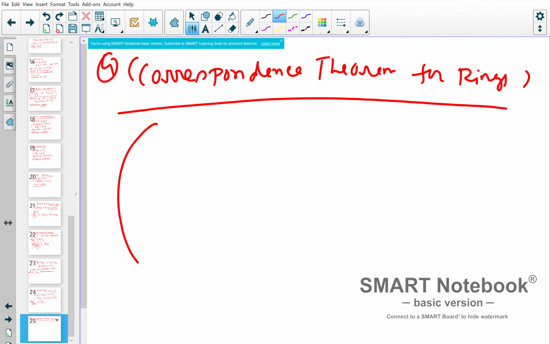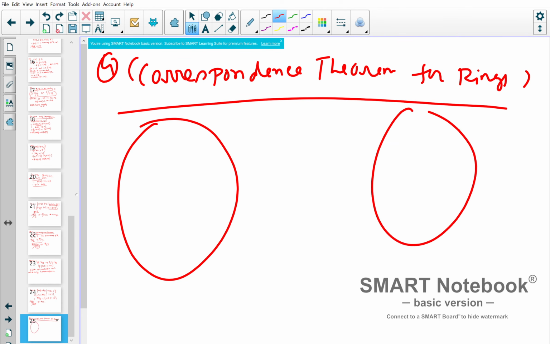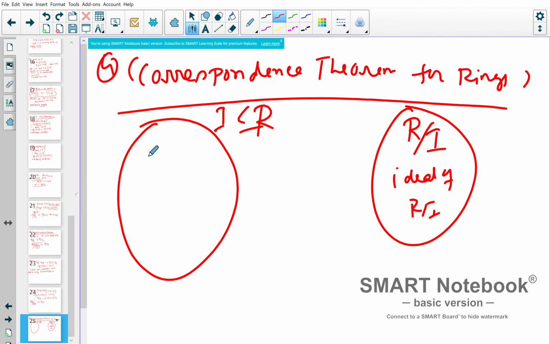Suppose you have two sets. You have R and an ideal I. In one set you are taking the ideals of R mod I, and in another set you have ideals of R containing I.